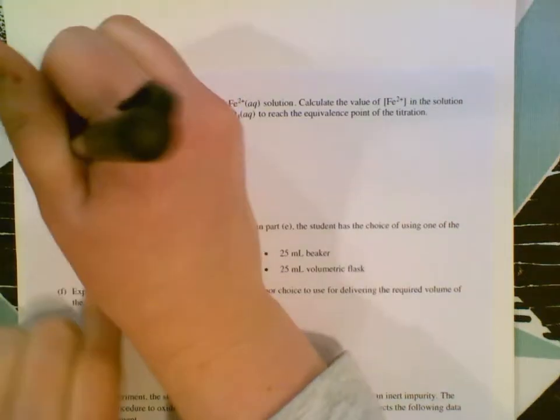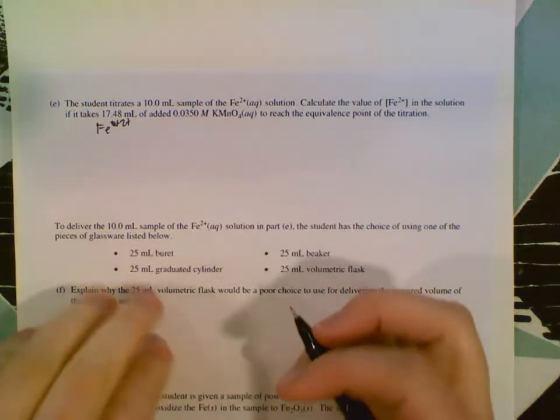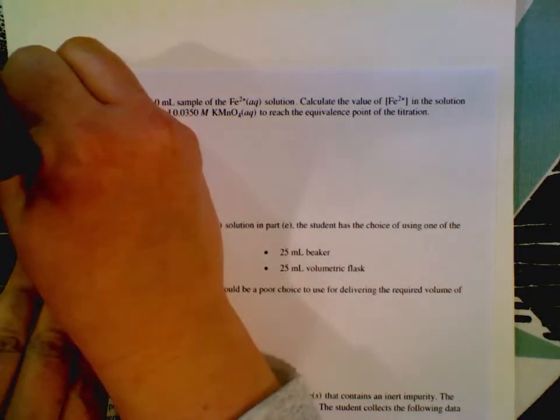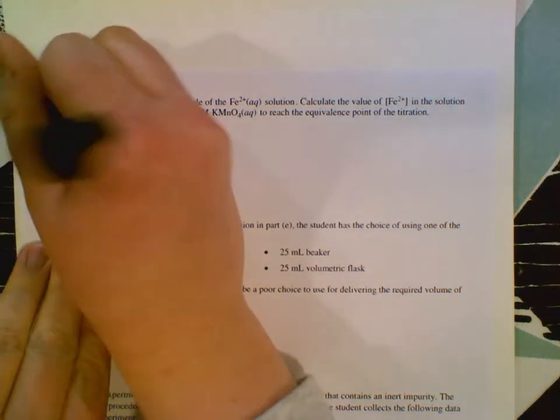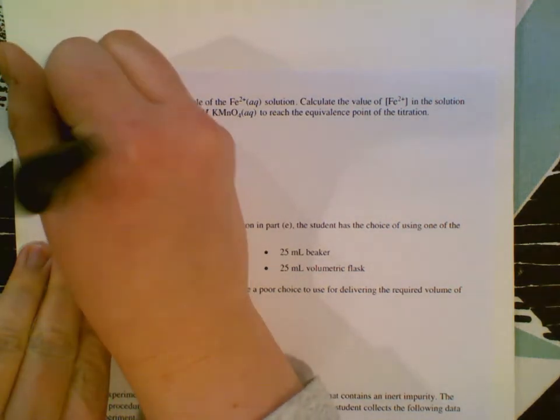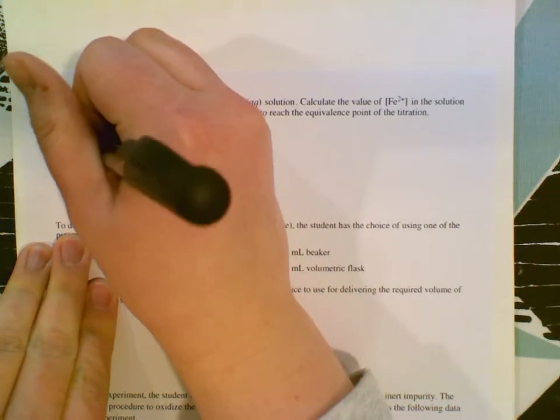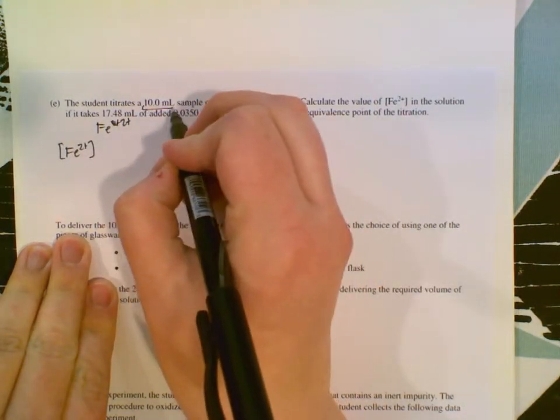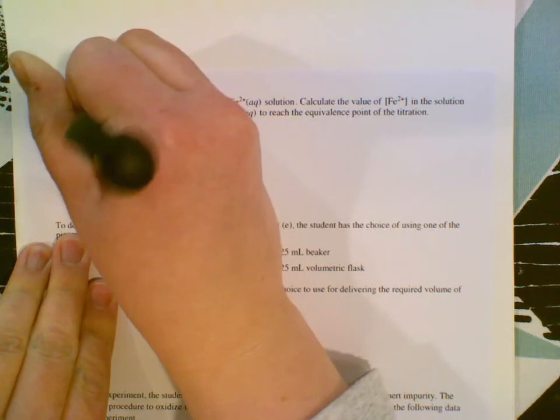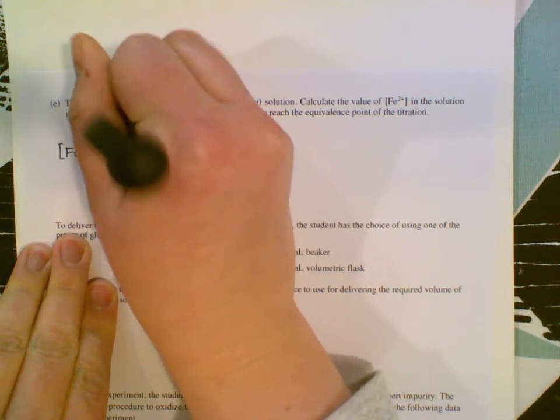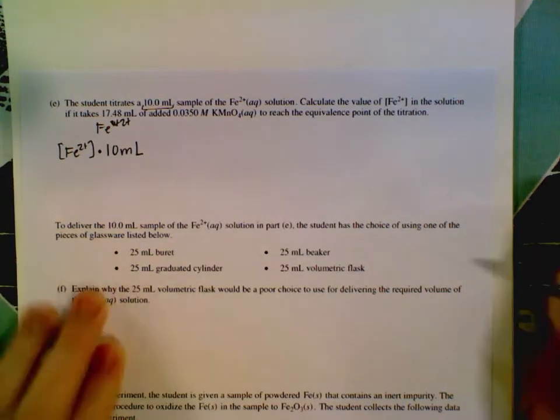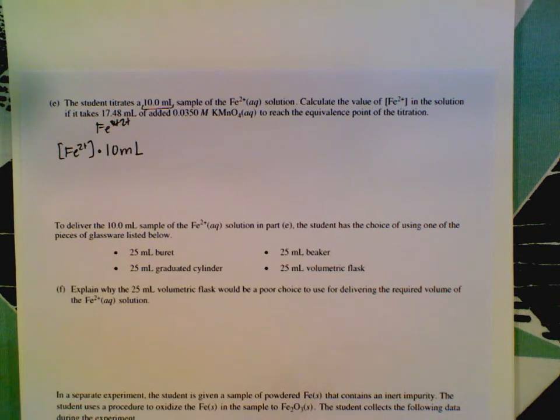So what I'm going to do is I'm going to collect all the information for the Fe2+. So I am looking for that concentration. That's the M1 part of this. So I'm looking for the concentration of Fe2+. That's the stuff in the brackets. And it tells me in the problem that my sample of iron is 10 milliliters. So that is going in my V1. Now, you cannot just leave it like this. You have to do a little bit more.